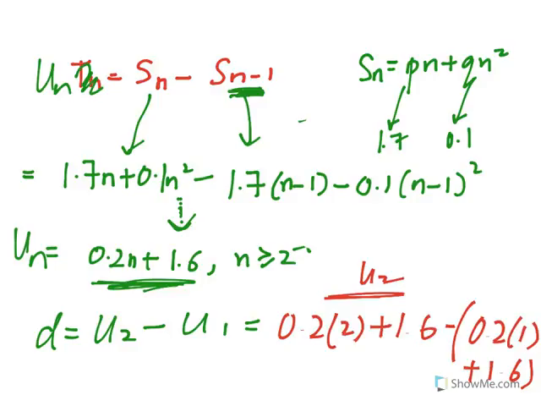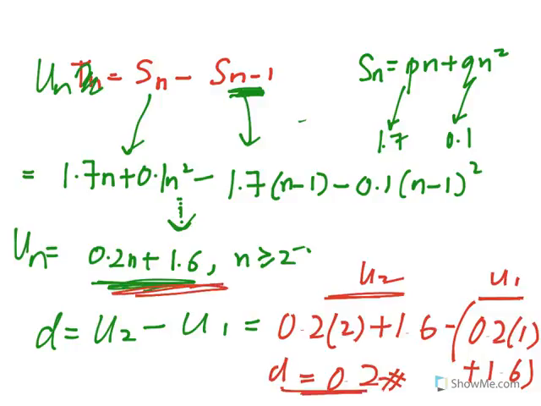This is my u1. So u2 minus u1 will give me the common difference, and doing this by yourself, you can see that my common difference is none other than 0.2. So this is the common difference, this is my general term, and we have together solved question 2.